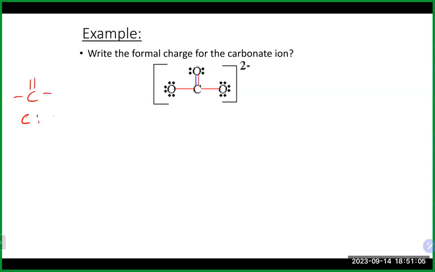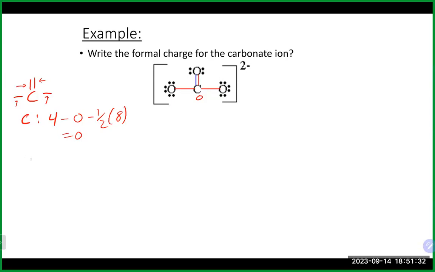So we got 4 for carbon, which is the number of valence electrons in carbon, minus 0 in this case, as there are no non-bonding electrons around the carbon, no dots, minus 1/2 the number of bonding electrons, which would be 2, 4, 6, and 8. And that's going to give me 4 minus 4, which means 0. So in this structure, our carbon is hanging out with a 0 formal charge.